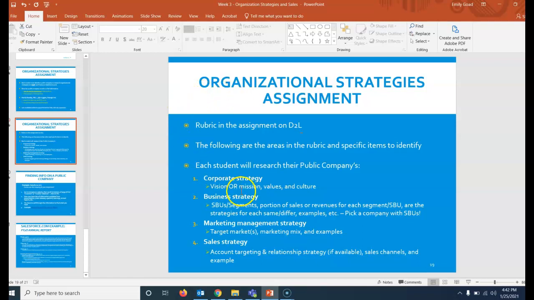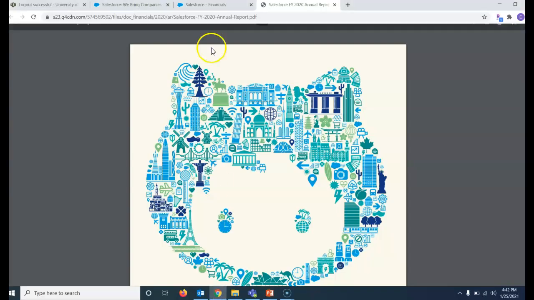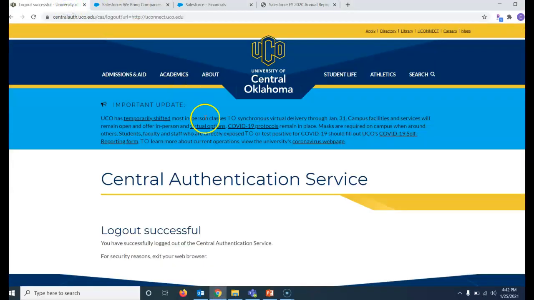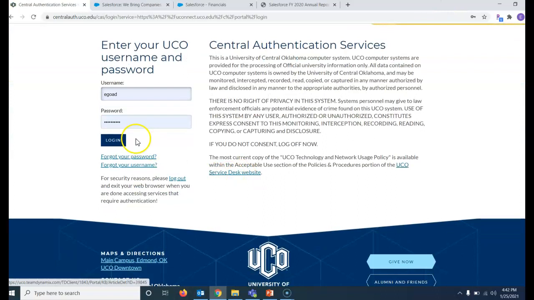So with the strategic business units, again, pick a company that has strategic business units or segments so that you can find that information. But I do want to go ahead and pull up the example. So let me log back into D2L so I can just show you.